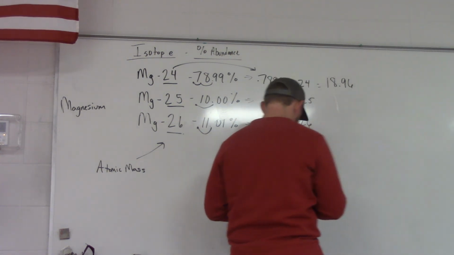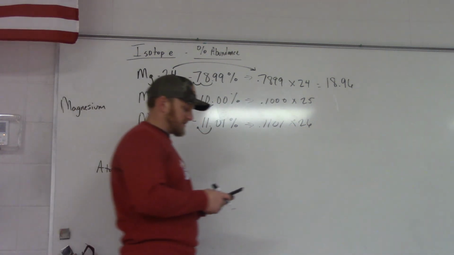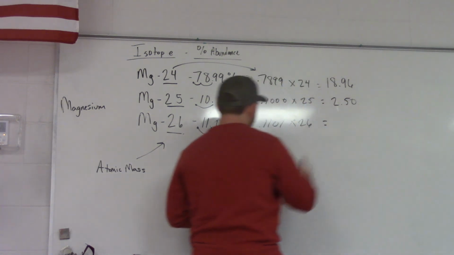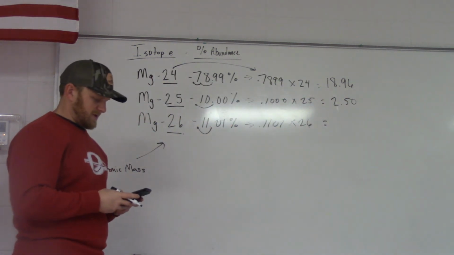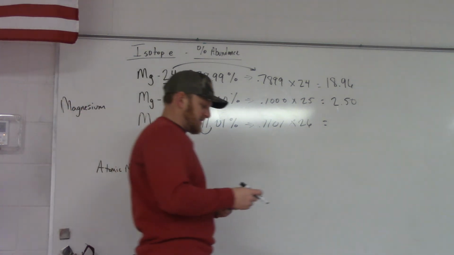The next one, 0.100 times 25, we know is going to be 2.5. 0.1101 times 26, we know is going to be 2.86.